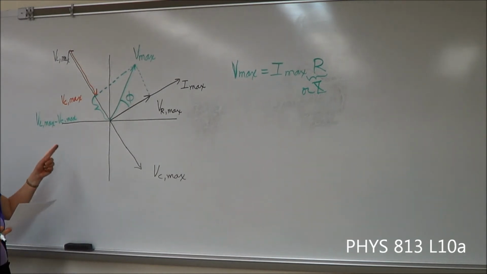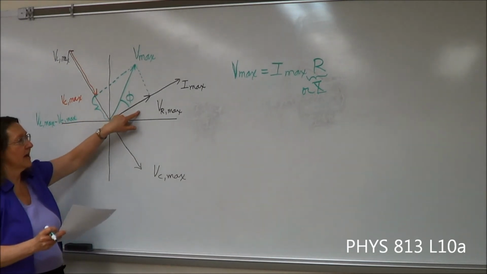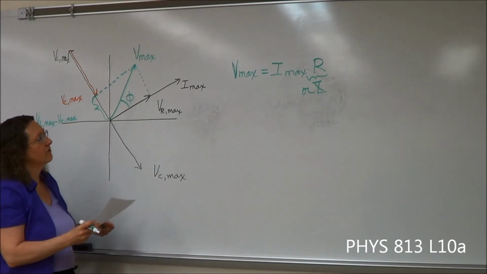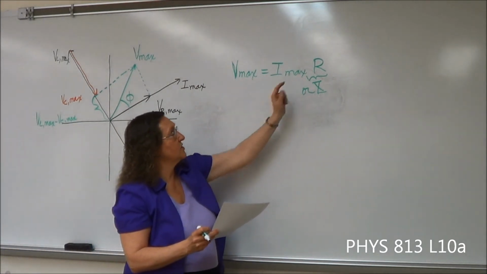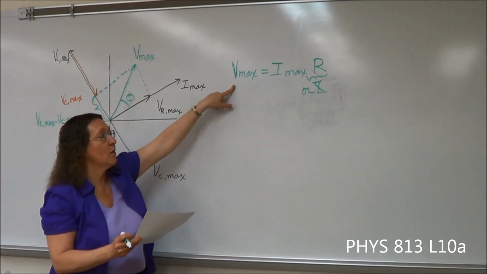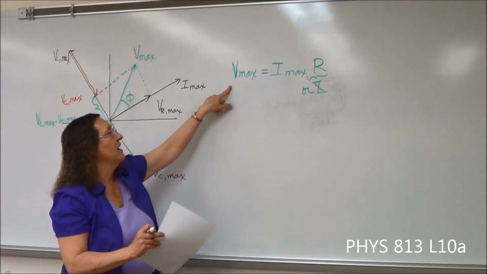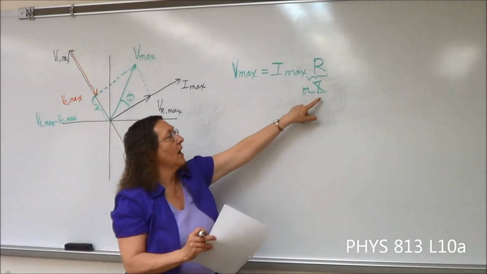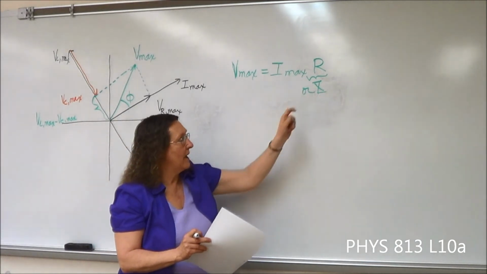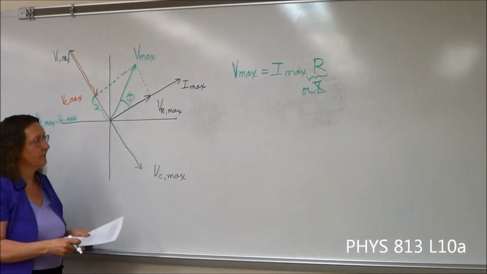So for VR max, you will have Imax times R. If you have VL max, you will have Imax times XL. If you have VC max, you'll have Imax times XC.